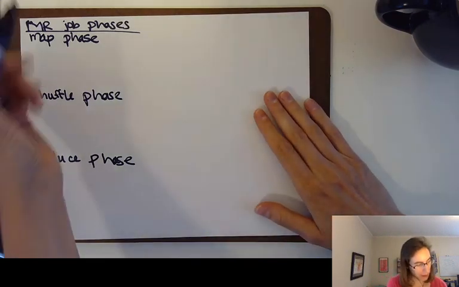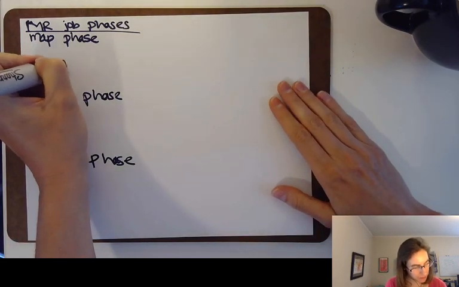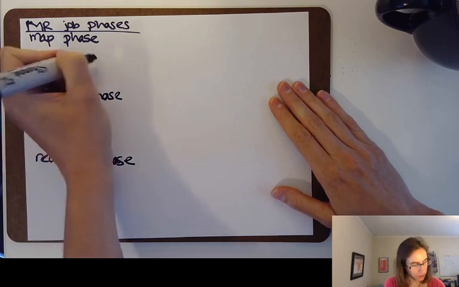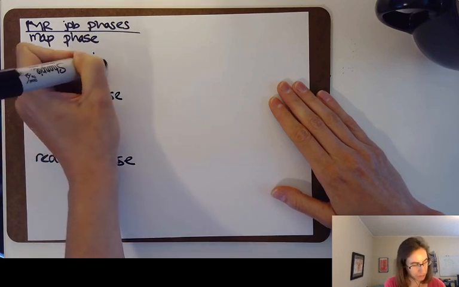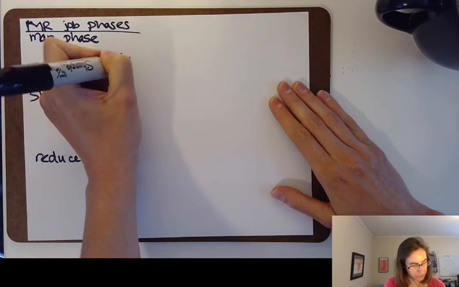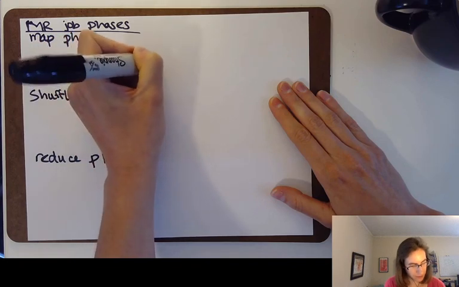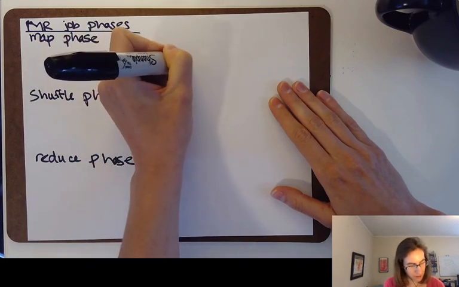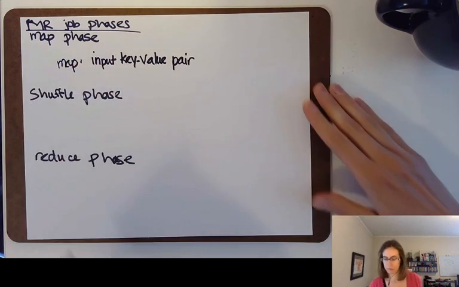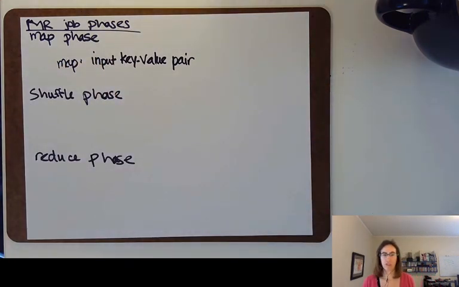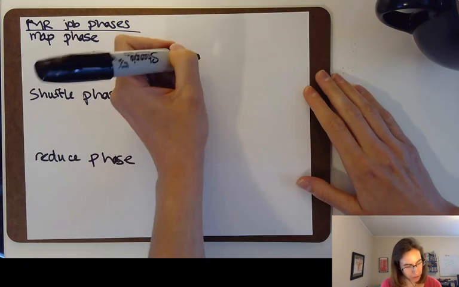So the input to the map function is going to be some input key value pair. The output from the map function is going to be a set of intermediate key value pairs.